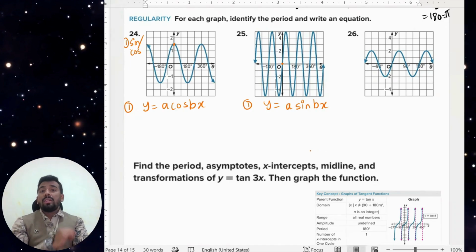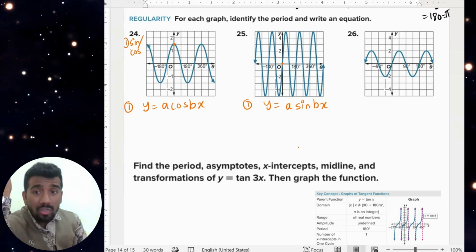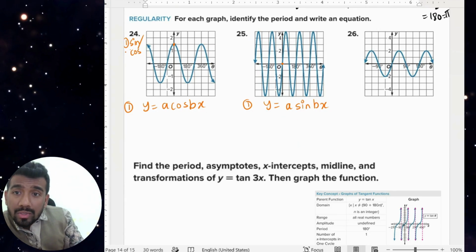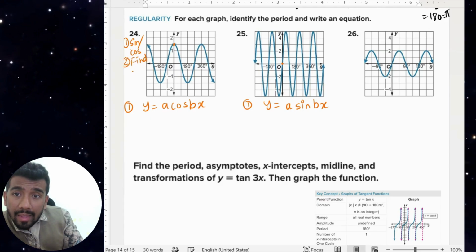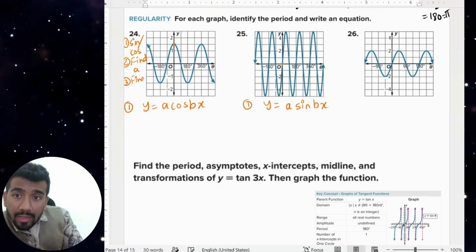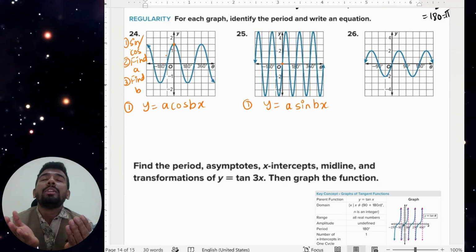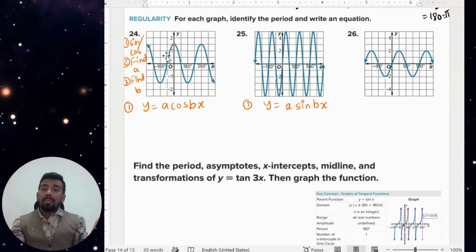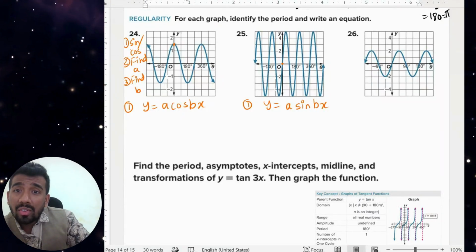Okay. The next step we need to find A and B. What's A? What's B? So what's the second step? Find A. And third step, find B. Now what's A? A is the amplitude. The number before the trigonometric function is the amplitude. Now how do you determine the amplitude? Very easy. See the graph.